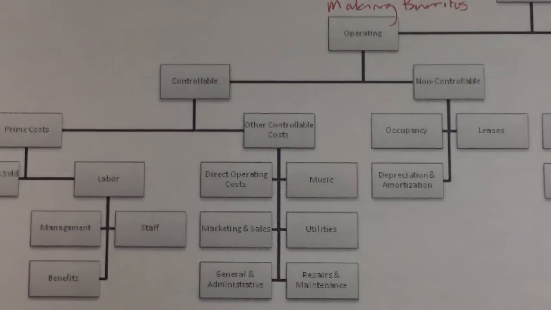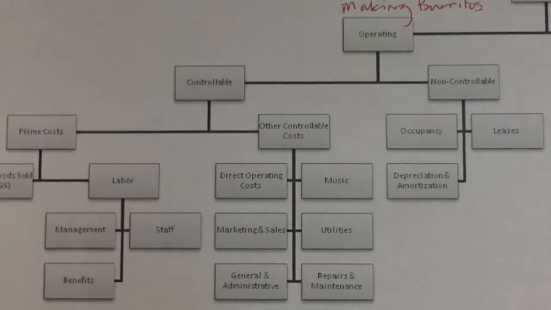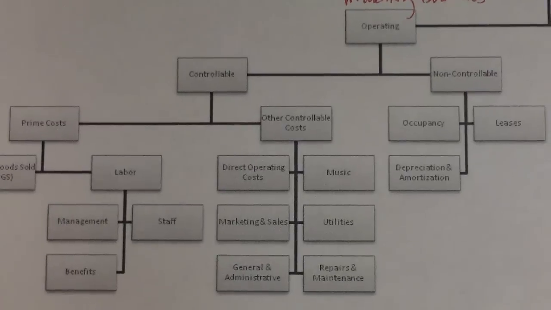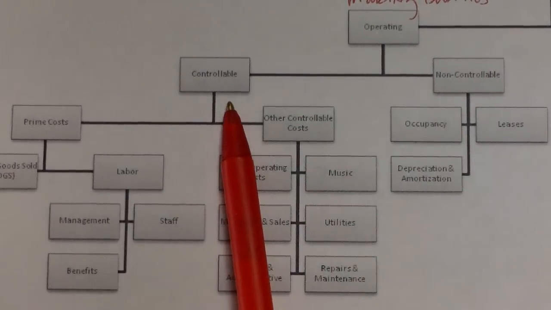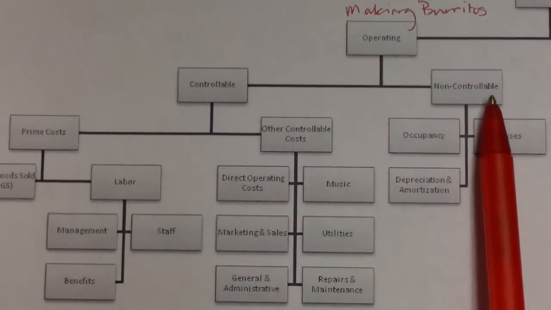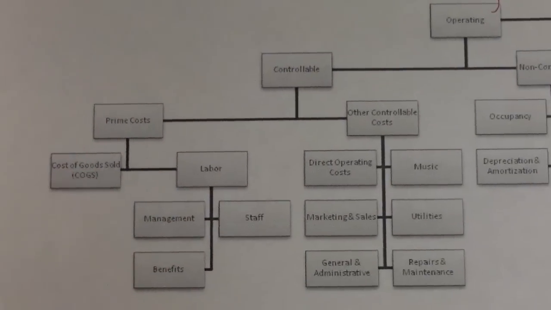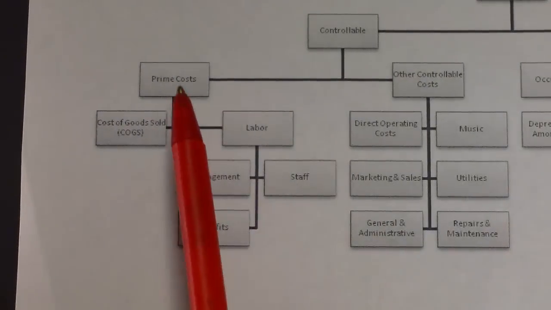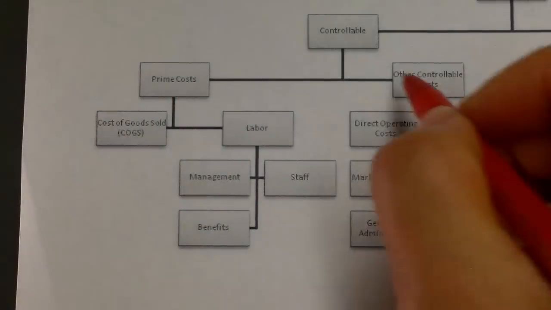Okay, let's go to the operating side. From a manager's perspective, an on-the-ground manager's perspective, so not like the CEO or anything like that, the manager can control some expenses and cannot control others. The expenses that a day-to-day manager can really control are in the prime cost area or other.